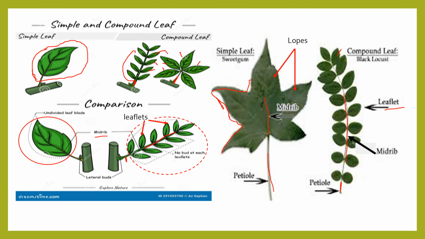So how can we differentiate between a compound and a simple leaf? In a compound leaf, you see the stem and the petiole, and then the leaflets arranged onto the stalk like this one.